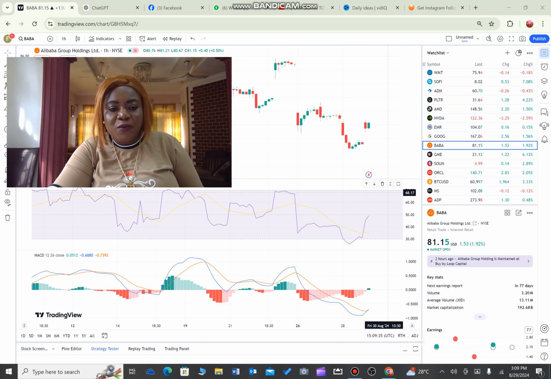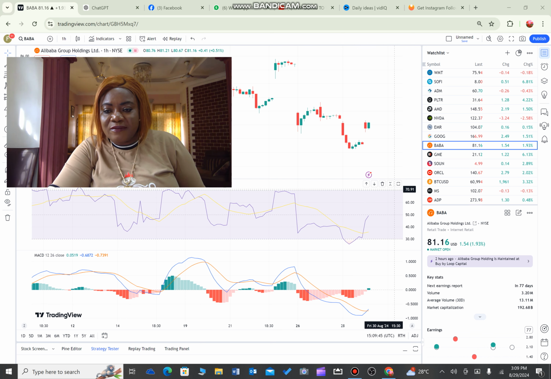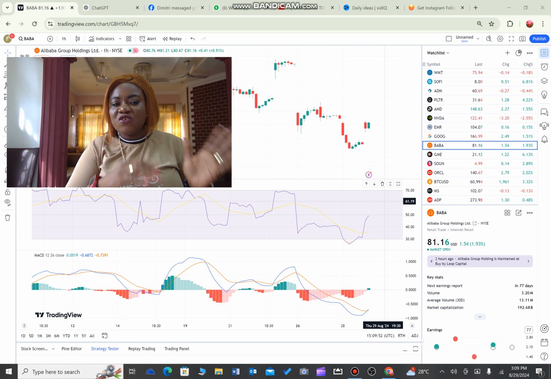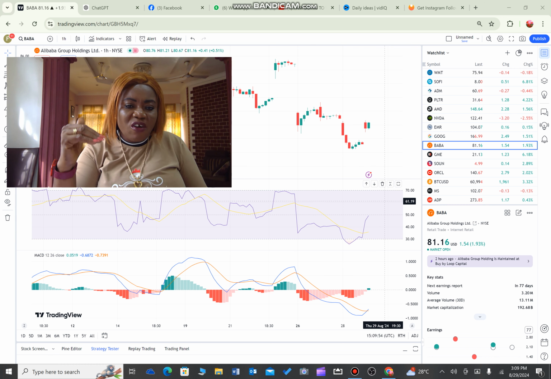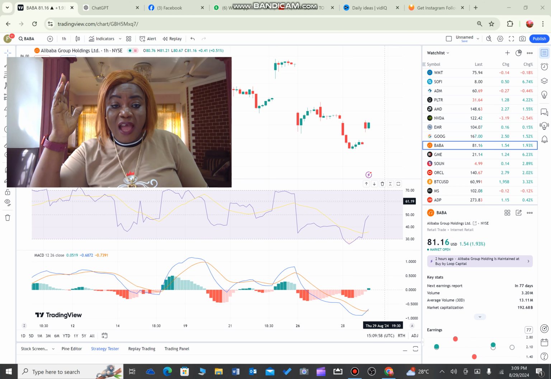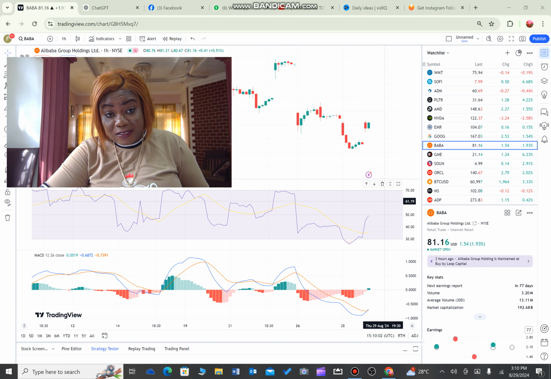Anytime this indicator, RSI, rises to 70, then that stock is considered to be overbought. The RSI works in ranges between 0 and 100. So when it goes beyond 70, it suggests that the stock has been running up and it's overbought, and it is time for price to reverse.